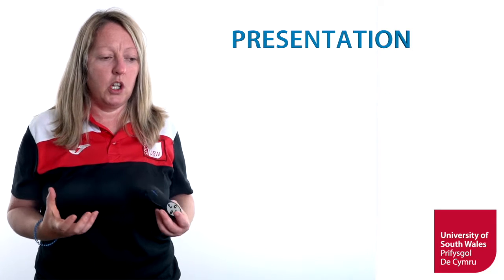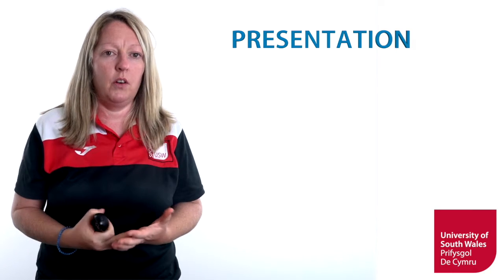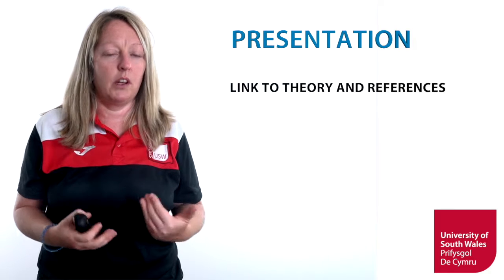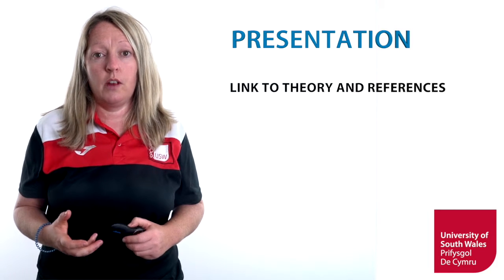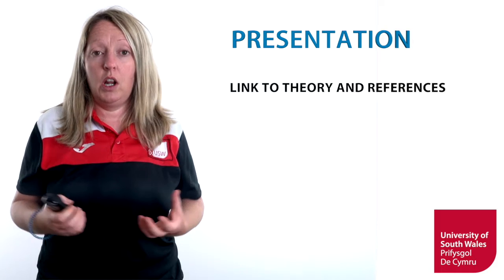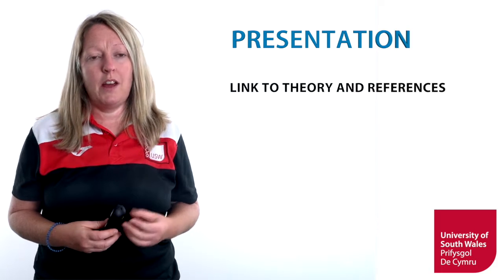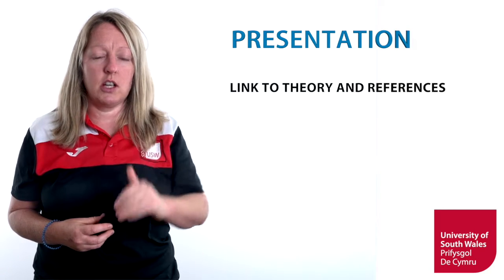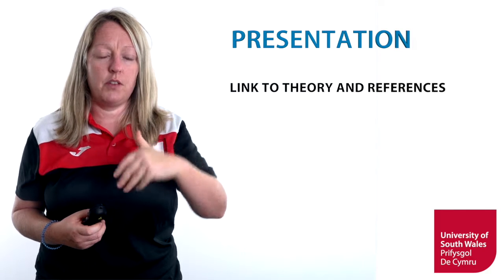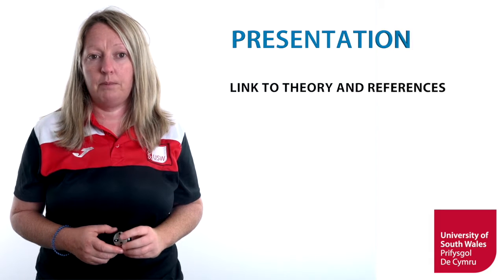So if I'm going to do a project on barriers to participation of females, then I'm going to look at policy and strategy of female participation, how we're going to try and get more people involved, or more females involved. I'm going to look at models of practice. So I'm going to look at some sports development theory. So you need to make sure whatever your action research is, and whatever your problem you've identified, there's relevant references in theory embedded into your presentation and linked to that.